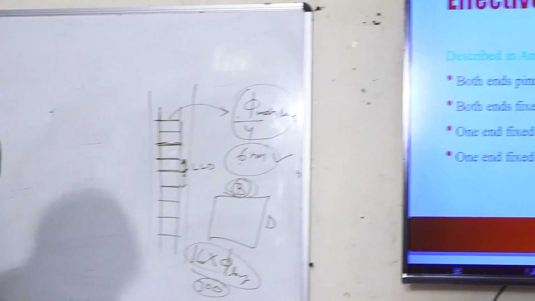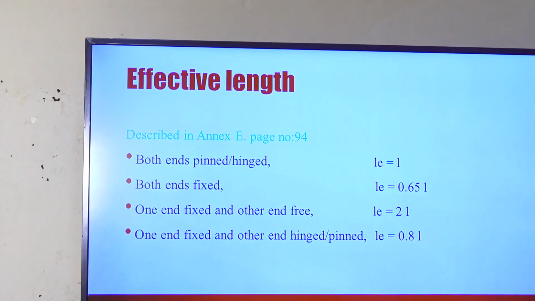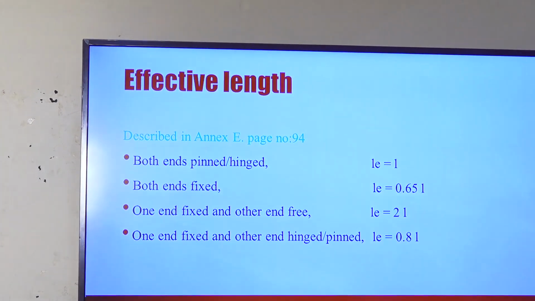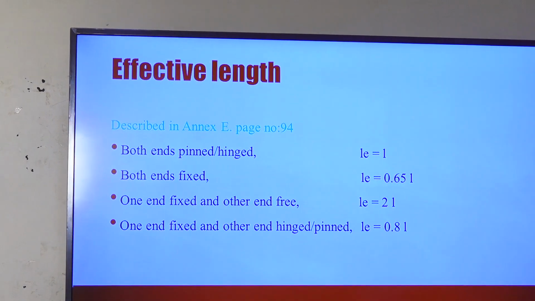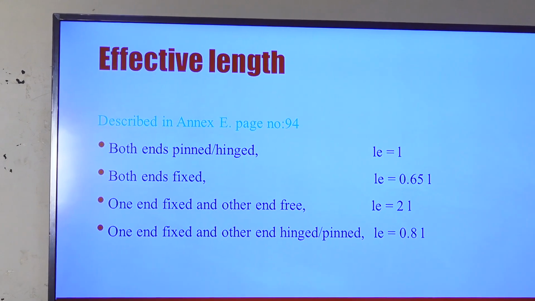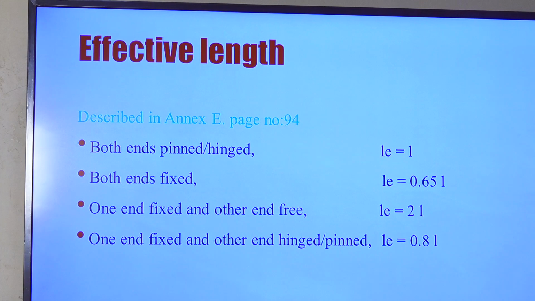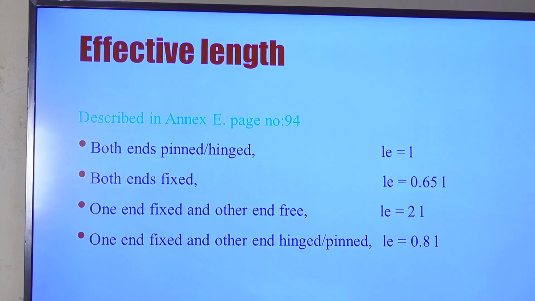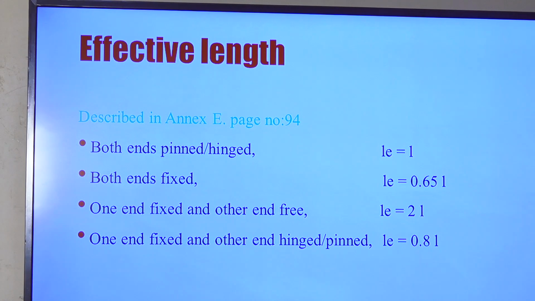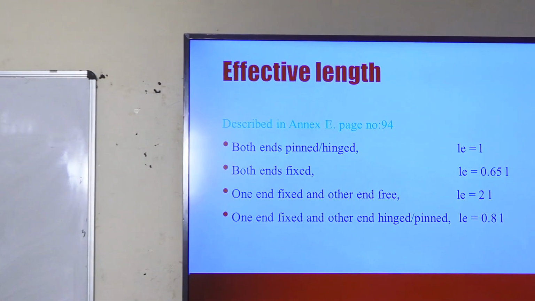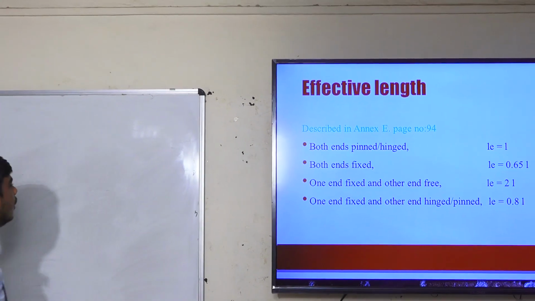Next, effective length. When we have a column, the column must be supported at the two ends. Based on that, we will calculate the effective length. Effective length means the distance between points of contraflexure, where the bending is actually occurring.